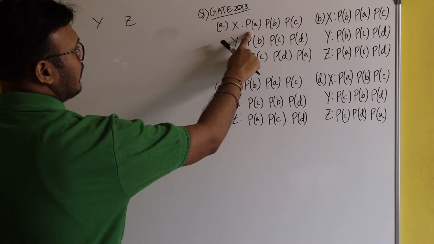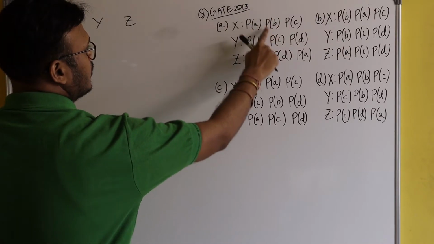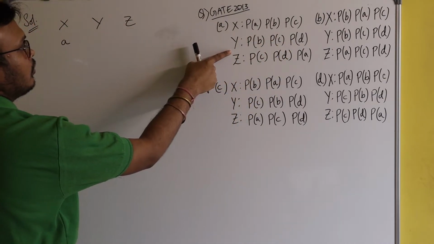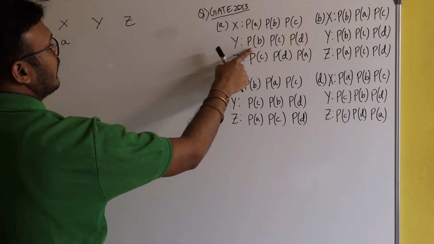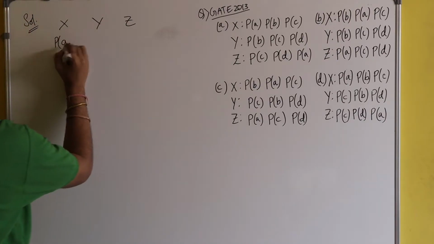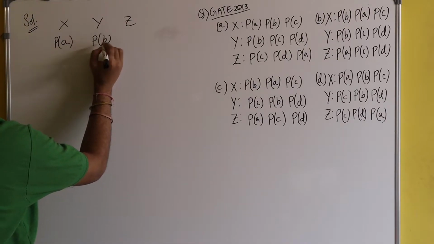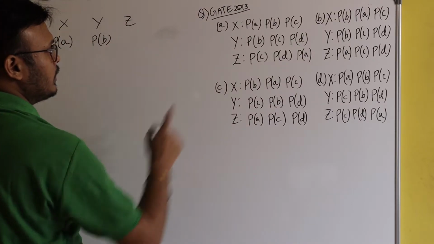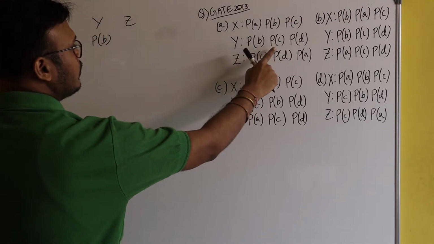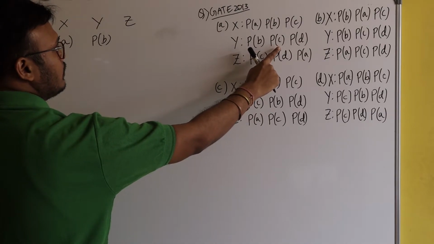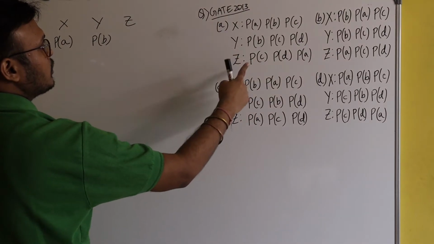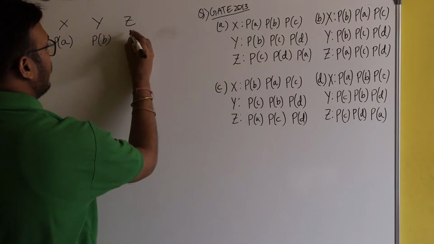Before process X could execute PB, a context switch happened and the CPU is given to process Y. Now process Y will execute PB. Before process Y could execute PC, context switching happened and the CPU is given to process Z. Now process Z will execute PC.